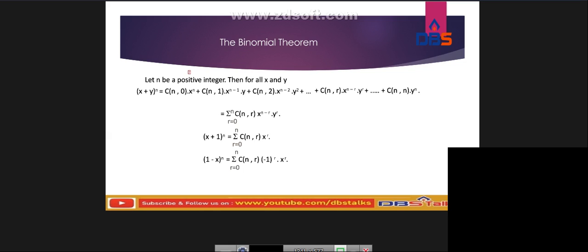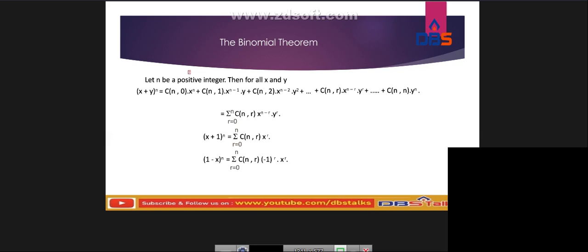That is, (1 + x)^n = sigma r = 0 to n C(n,r) x^r, and (1 - x)^n = sigma r = 0 to n C(n,r) (-1)^r x^r.